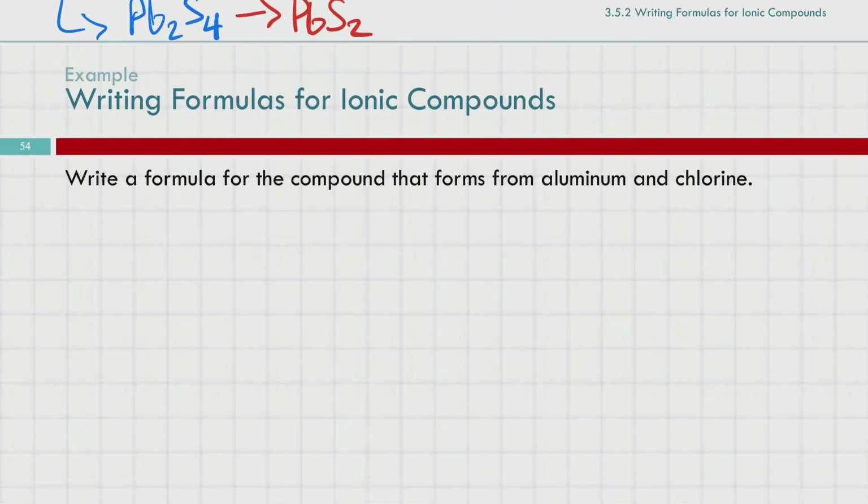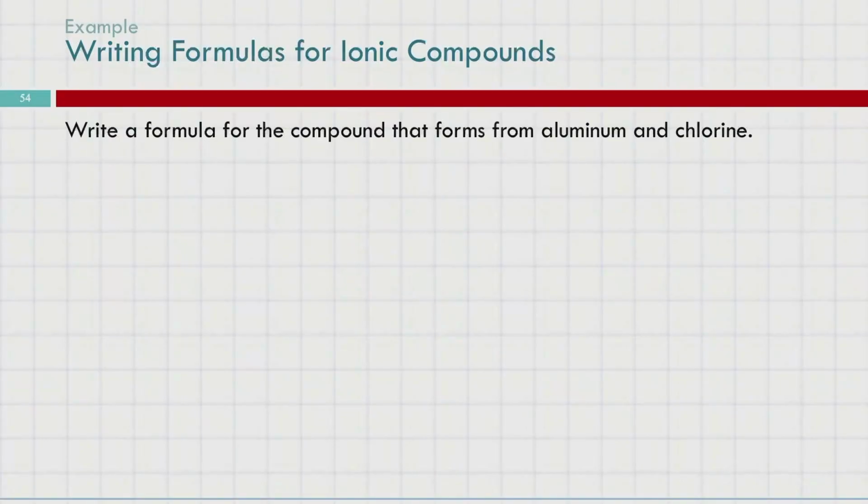So an example, we're going to do this for aluminum and chlorine. We'll find aluminum on the periodic table. I know that aluminum is Al, so we can find Al on our periodic table. It's in group 13. If we chop off that 1 in front, 3A. 3A means 3 plus, so aluminum 3 plus.